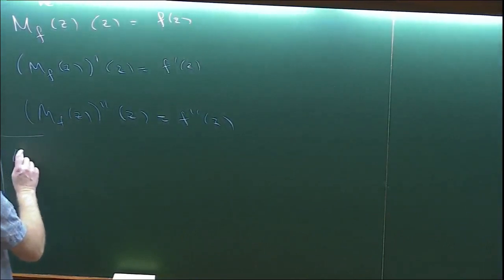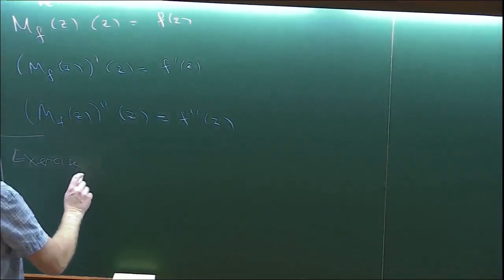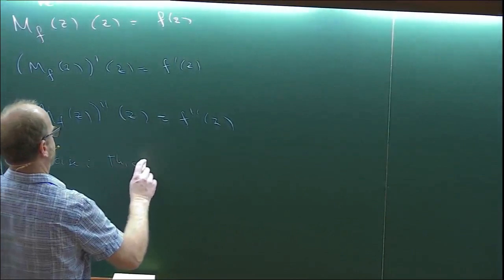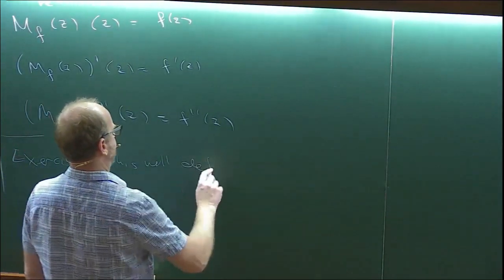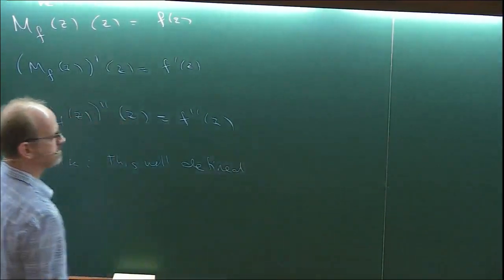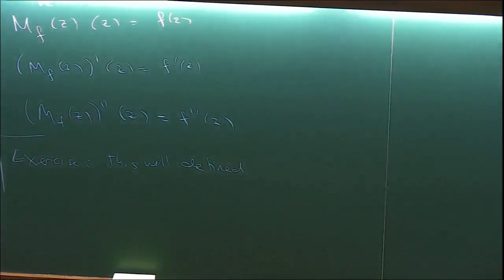There's an exercise to check that this is well defined. You can always do this. For every locally univalent map, and it's key that it's locally univalent, there is a unique Mobius transformation that satisfies these 3 properties.